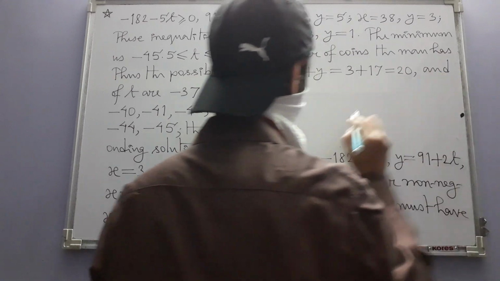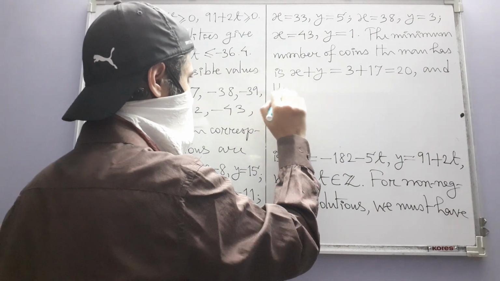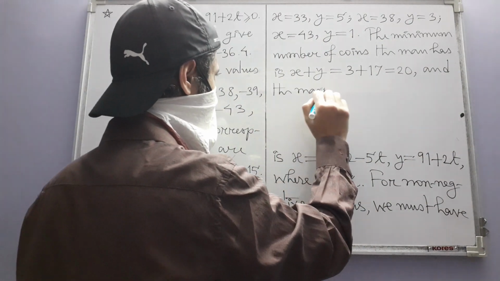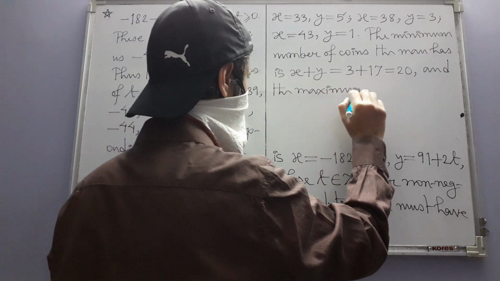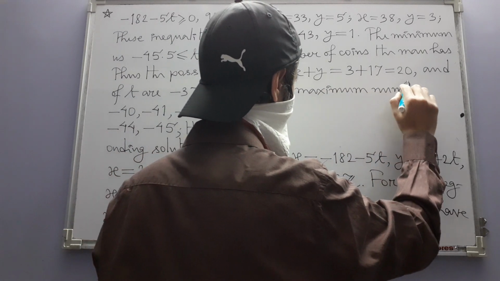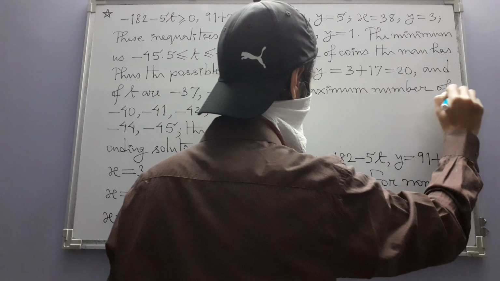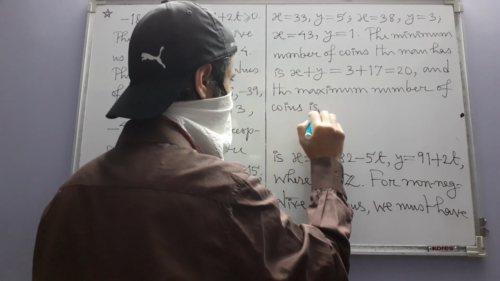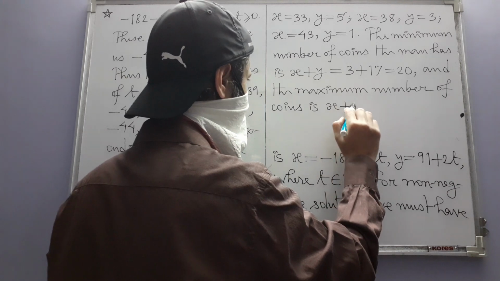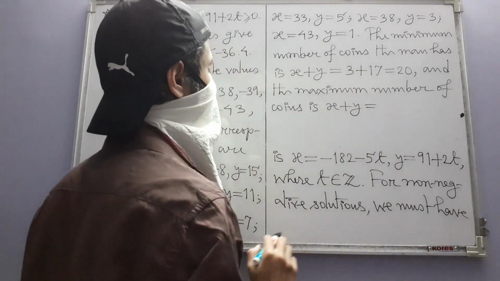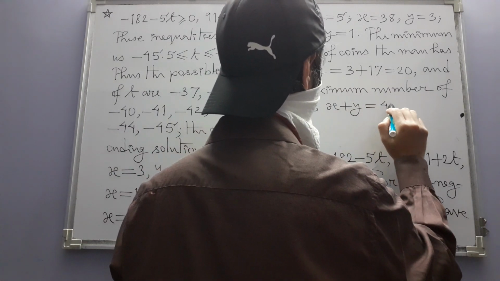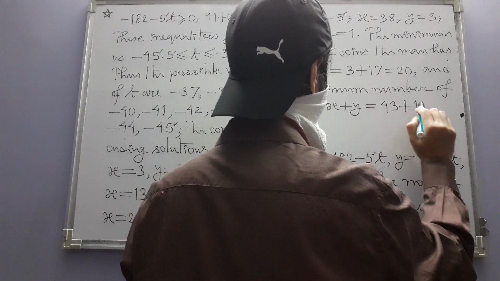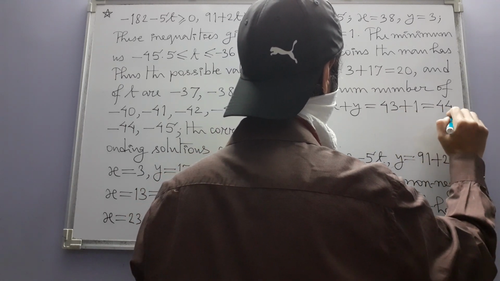And the maximum number of coins is again x plus y, but here x is 43 and y is 1.